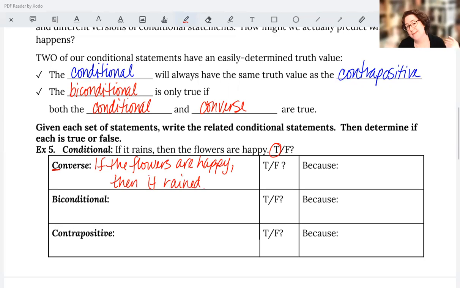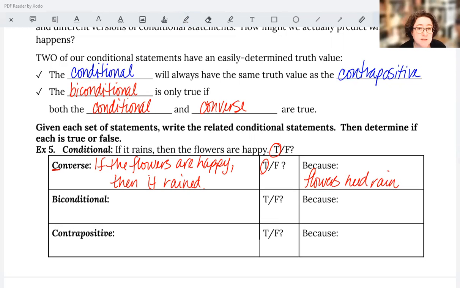Because if it rained, they got some water, and then they must be happy. So would you think that that's a true statement? And again, we're ignoring the weird flash monsoon season. We don't get those too often. But if the flowers are happy, then it rained. Yeah, because flowers need rain. Okay.